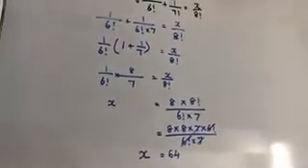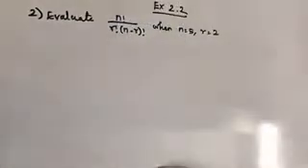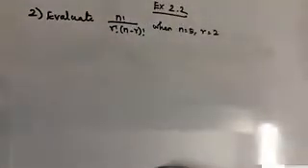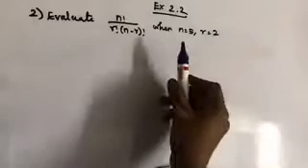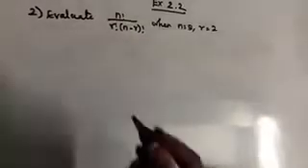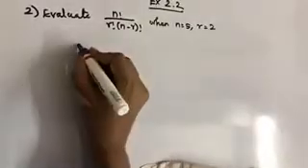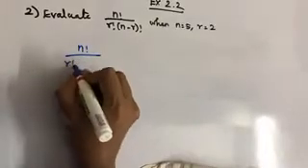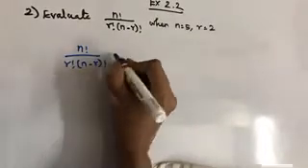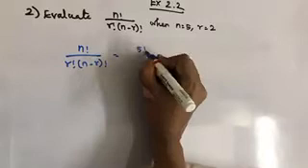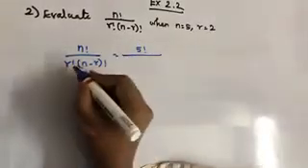Okay. Evaluate n factorial divided by r factorial into (n minus r) factorial when n is equal to 5 and r is equal to 2. Okay, so n factorial divided by r factorial into (n minus r) factorial. Instead of n, I am going to substitute 5 and instead of r, 2.